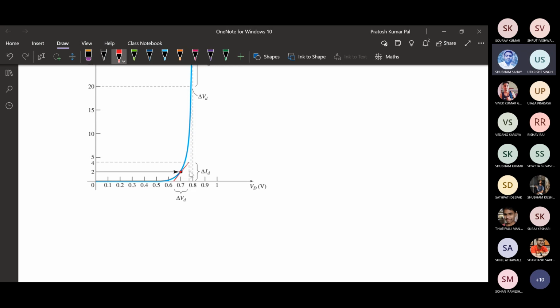So at this tangent, we will be getting two different currents.